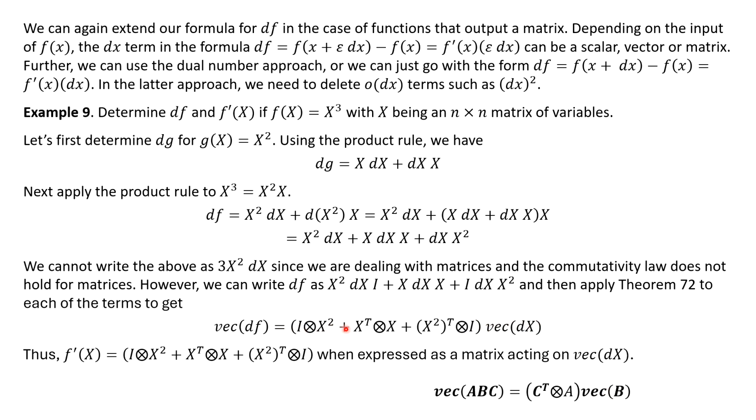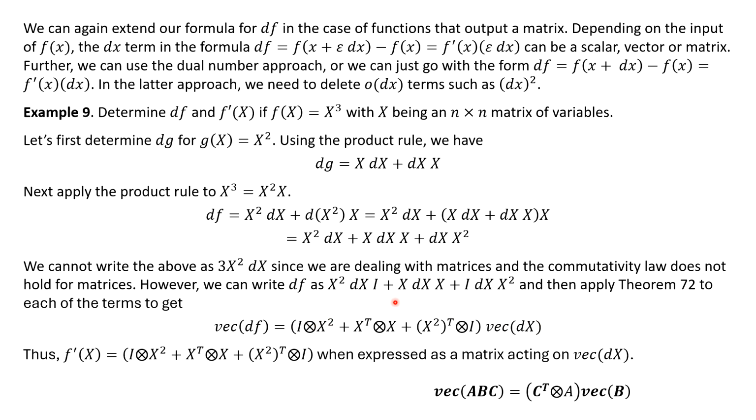And then what you have for each of these terms would be I transpose Kronecker product with x squared, plus x transpose Kronecker product with x, and then x squared transpose Kronecker product with I. And so we have this expression here.